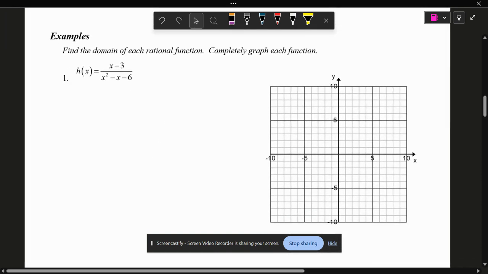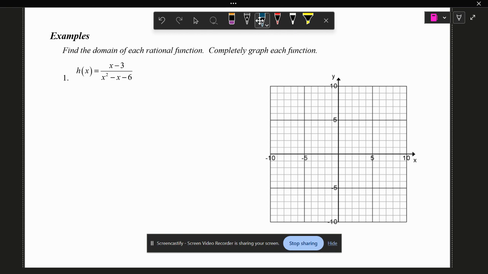Here's example number 1. Find the domain of each rational function. Completely graph each function. So first thing I'm going to do is look to factor my denominator. When I factor my denominator, I'm going to get x minus 3 times x plus 2.